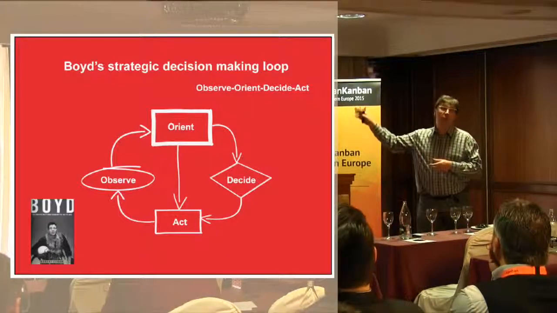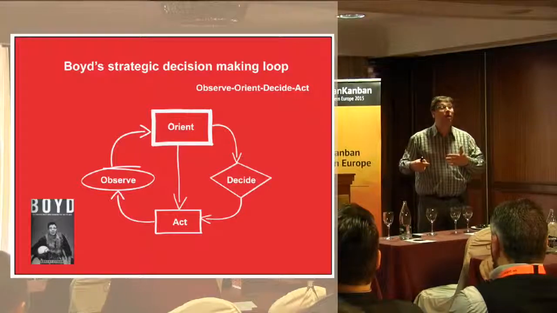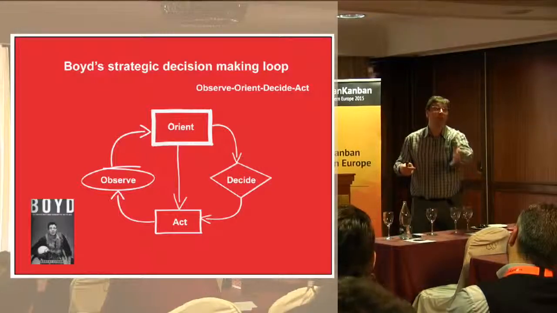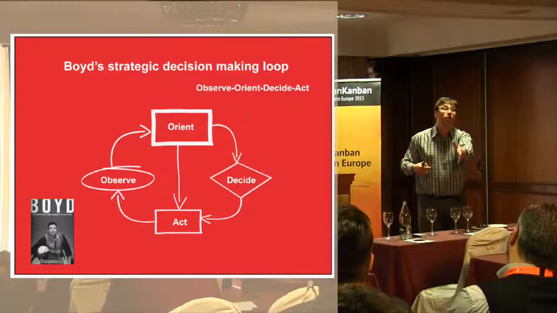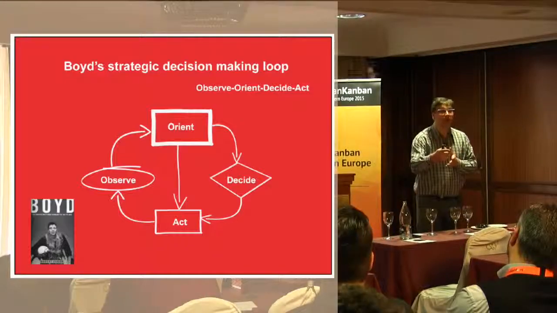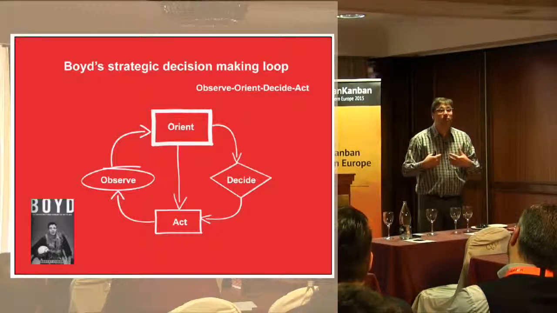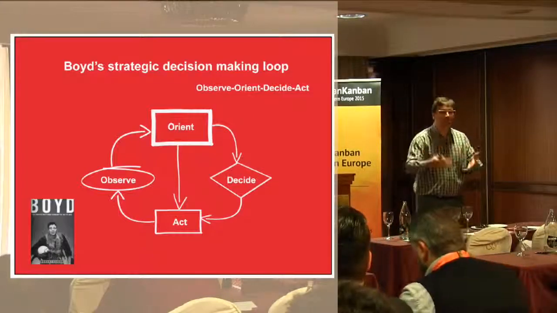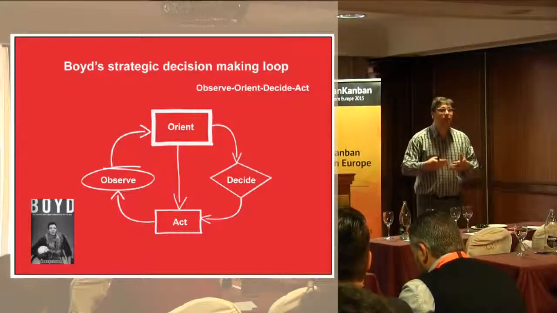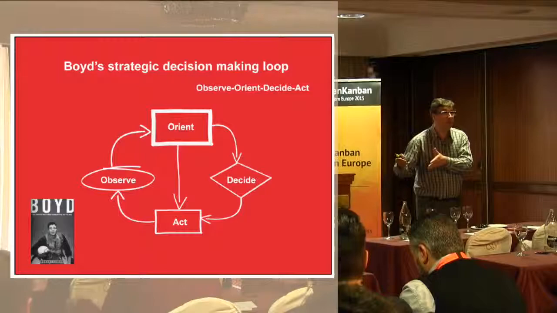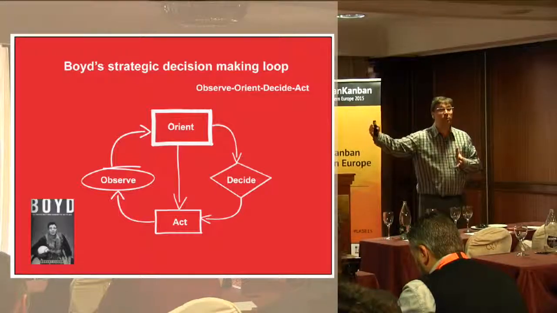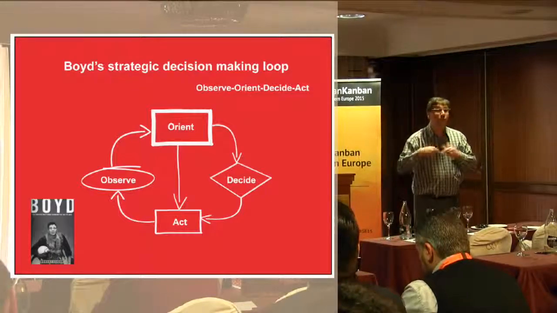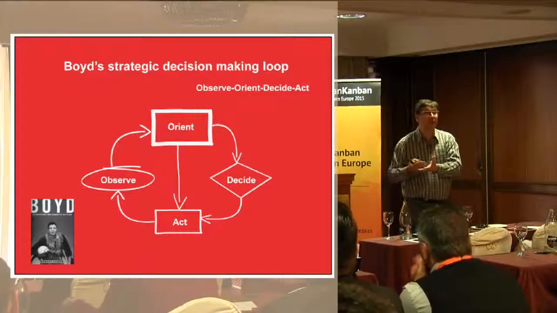So moving through the OODA loop very fast is important because your adversary, your enemy, might be quicker to make decisions. If you can make decisions quicker than your opponent, then you can win, right? In most of our situations, we don't really have a direct opponent, but we have an environment that is changing all the time. So moving through the loop very quickly is important in order to cope with the changing environment. If you're too slow to go through this loop, the environment changes and it overcomes you. If you move through the loop very quickly, you are faster than the environment, so you can anticipate.